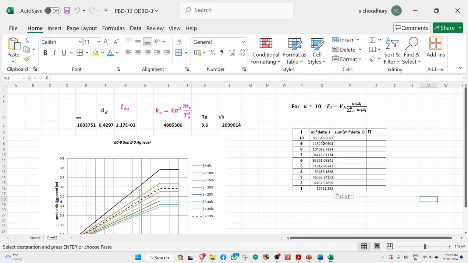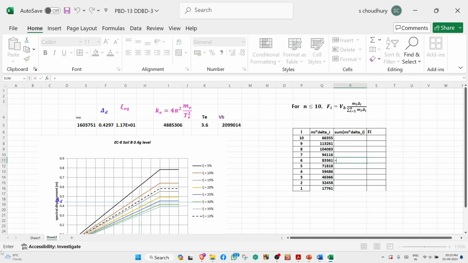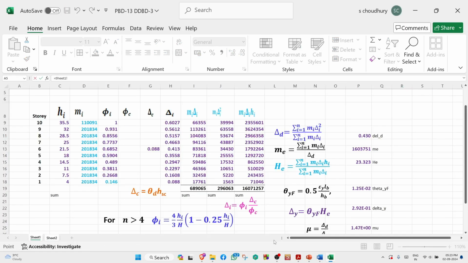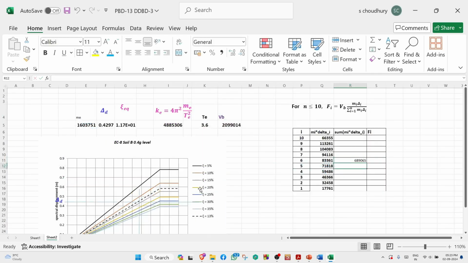Yeah, now you see values have come, and you don't record so many decimals, so we can reduce the decimals. Yes, then summation of Mi delta I we can take from the previous column. We can put here equal to and go to the previous sheet, summation Mi delta I is here. So it has come.